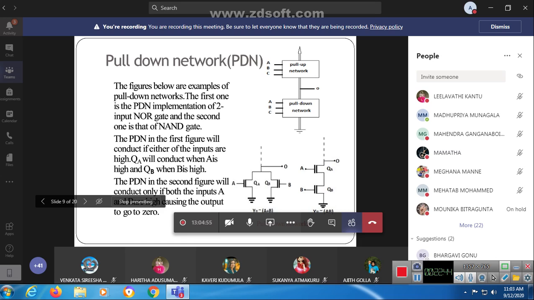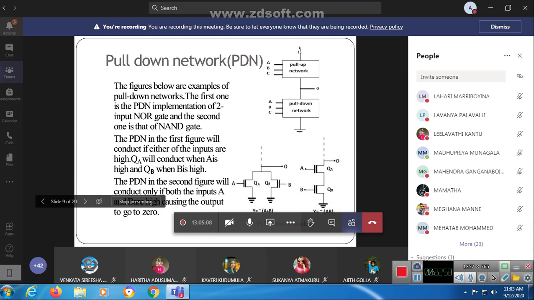That means the output will depend on the pull-down network. In the other case, whenever we connect two nmos transistors in a series manner, both of the inputs must be high, and only then will the output depend on the pull-down network. So that is the meaning of the pull-down network.